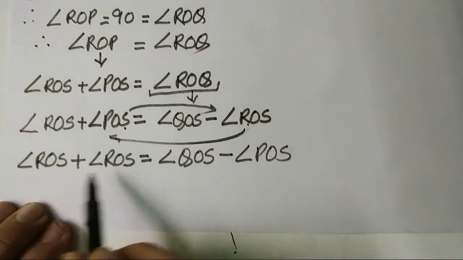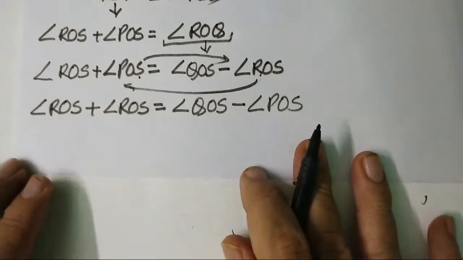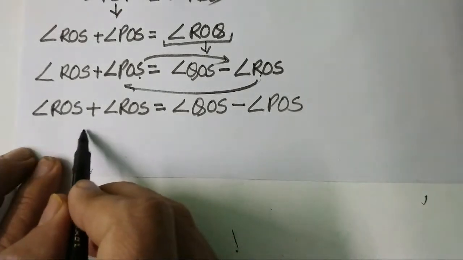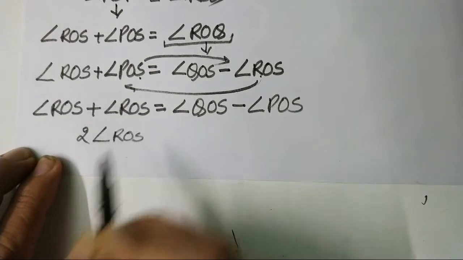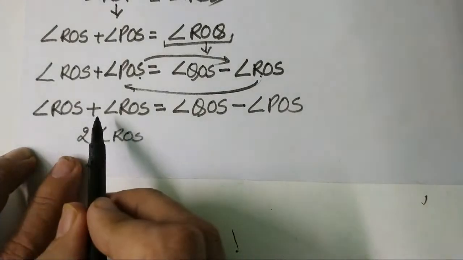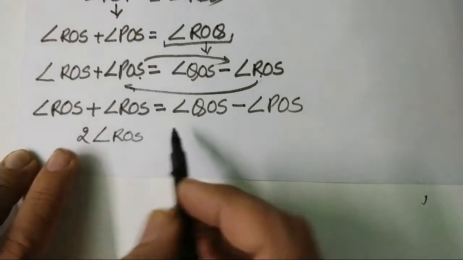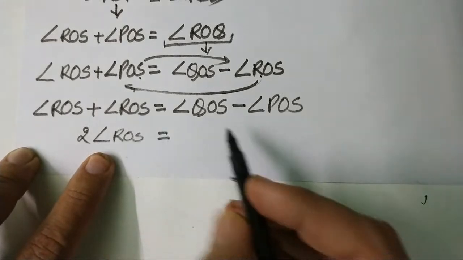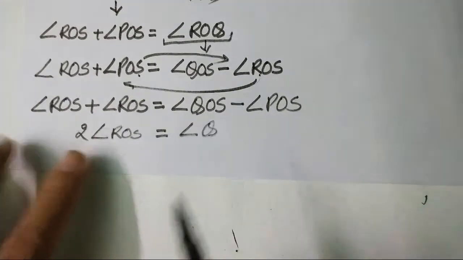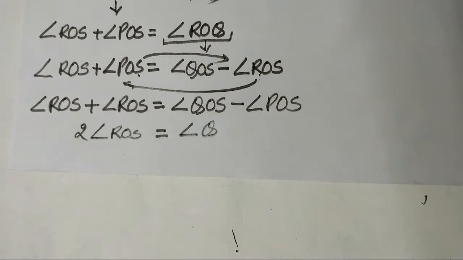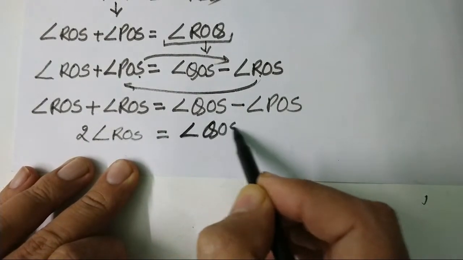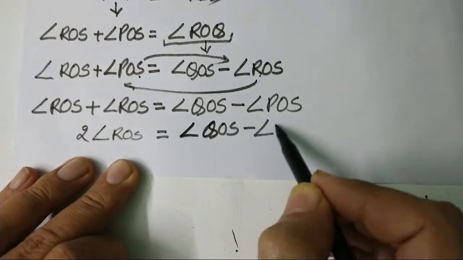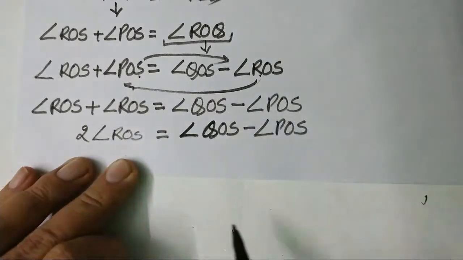Now when I add these two angles, ROS plus ROS, it will give me 2 times angle ROS. This side remains as it is, so on the right side it remains as angle QOS minus angle POS.